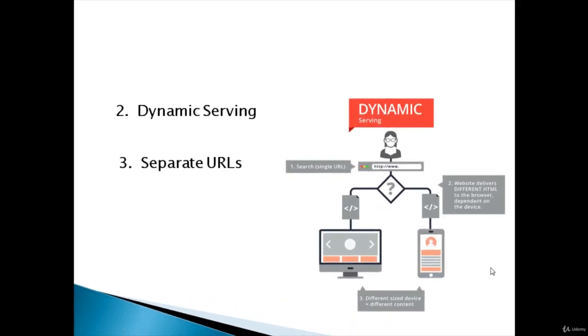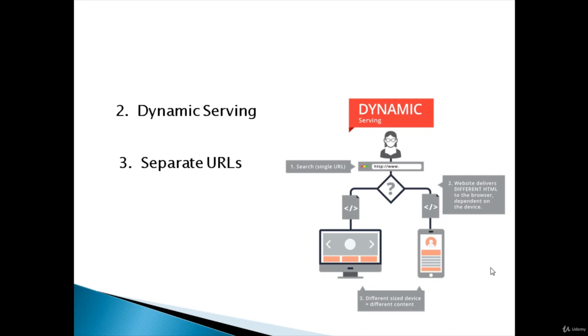The second option that we're going to analyze is dynamic serving. Here we've got the same URL for different platforms, but the HTML code is different according to the width of the display, and it is handled on the server. The server is going to analyze the display, and the HTML code would be variable according to the width and length of the display of the platform the user is using.